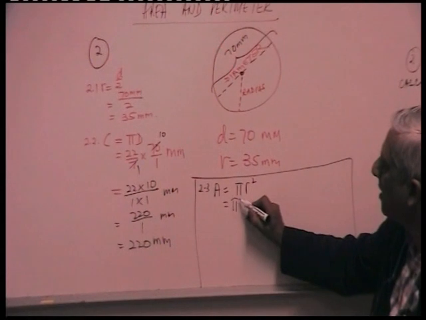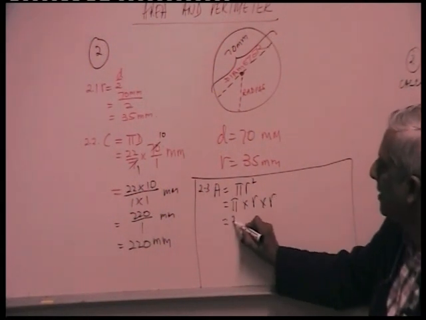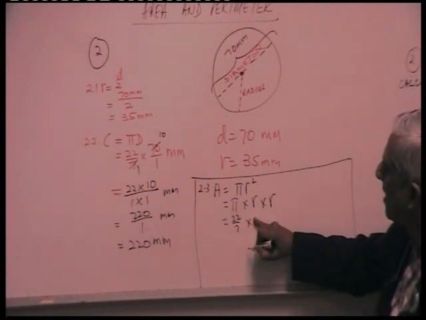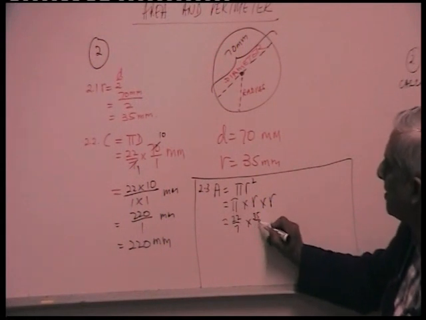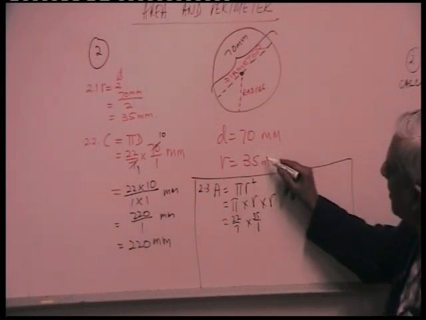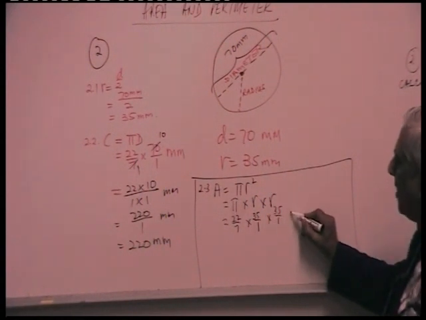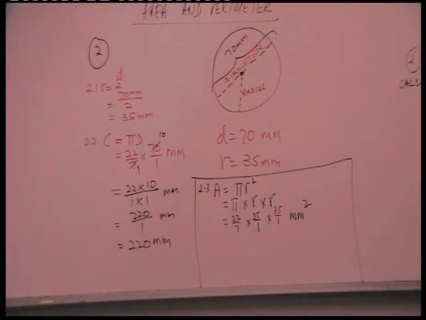So that's pi times r. That's 22 over 7 times, oh, what is r now? R is 35, isn't it? R is 35, look here. Times 35 over 1, and the answer will be millimeter squared because it's area.